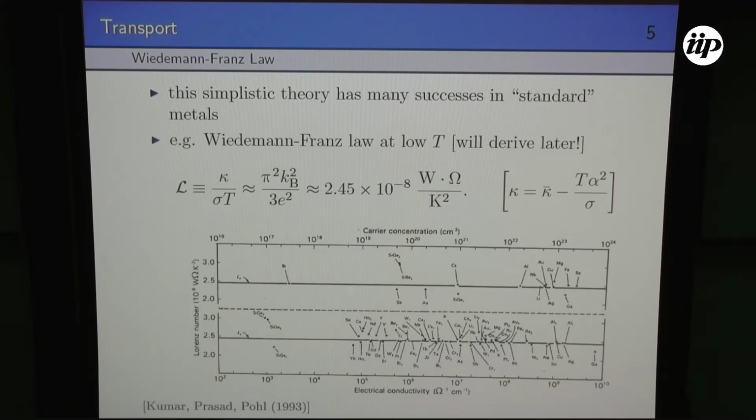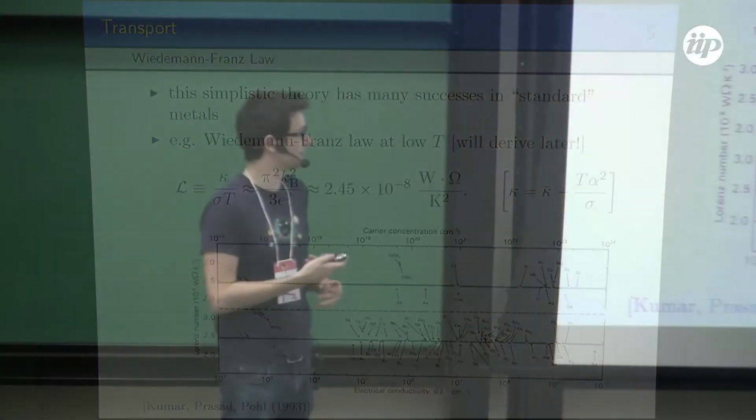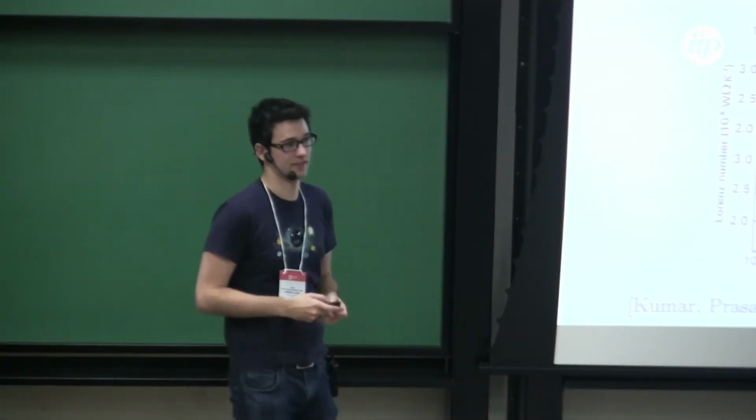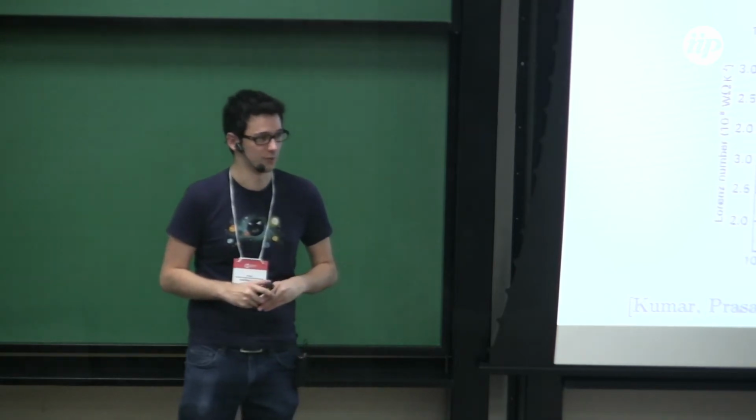And this number will not depend on any sample properties like carrier density. And indeed, if you look at this plot, I think we have here 8 orders of magnitude in carrier density. And all of these metals come within 15, 20% or so of the Wiedemann-Franz law, many of them much closer than that.